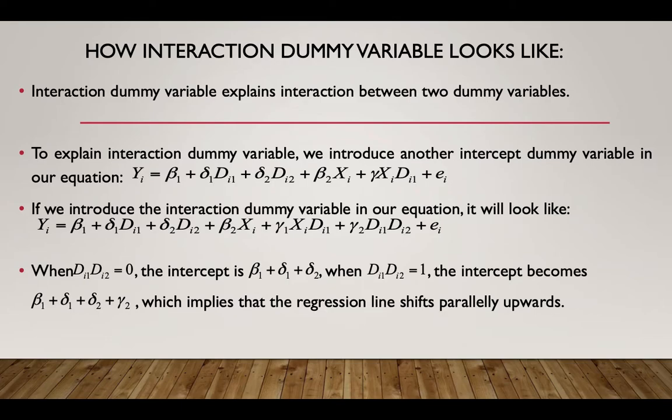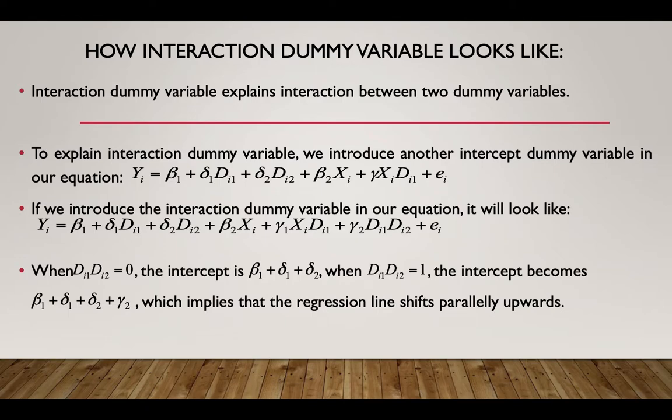Now we introduce the interaction dummy variable, and then our equation becomes yi equal to beta 1 plus delta 1 di1 plus delta 2 di2, these two are intercept dummy variables, plus beta 2 xi plus gamma 1 xi di1, this is the slope dummy, plus gamma 2 into di1 into di2, this is the interaction dummy, plus ei.